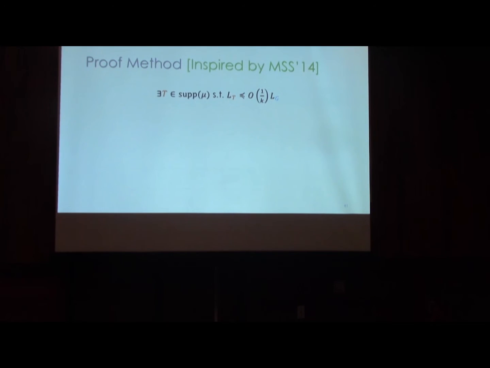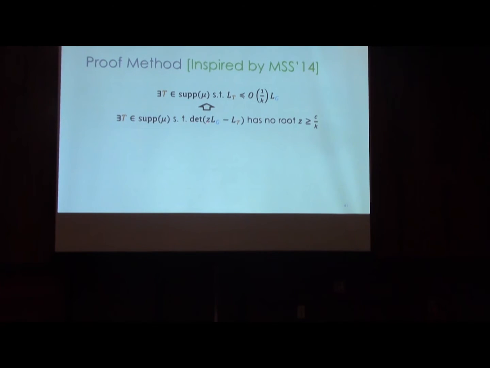So here is roughly the proof method, and this is heavily inspired by the work of MSS. We want to show that there is a T in the support of our strongly Rayleigh distribution such that the Laplacian of T is bounded by 1 over k times the Laplacian of our graph. I'm switching my notation to the graph notation because I thought it would be more intuitive.